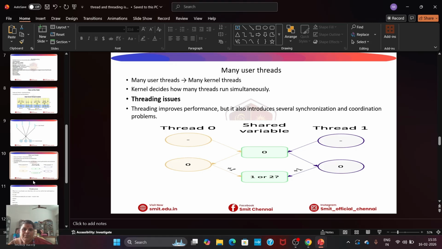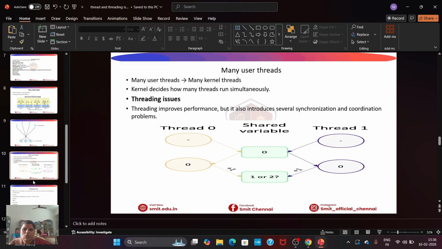Threading improves performance, but it also introduces several synchronization and coordination problems. For example, if I want to share a variable between thread zero and thread one, problems can arise.